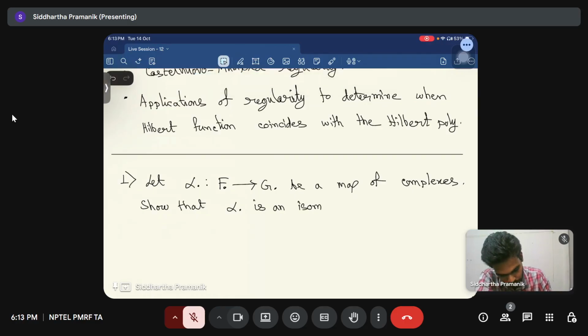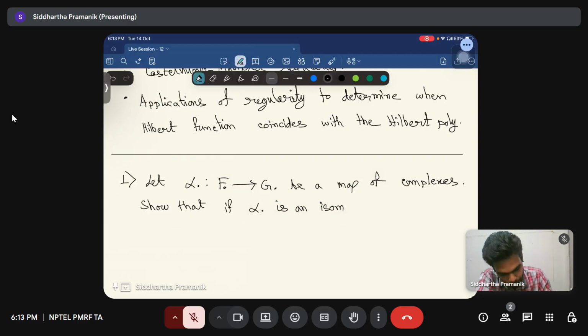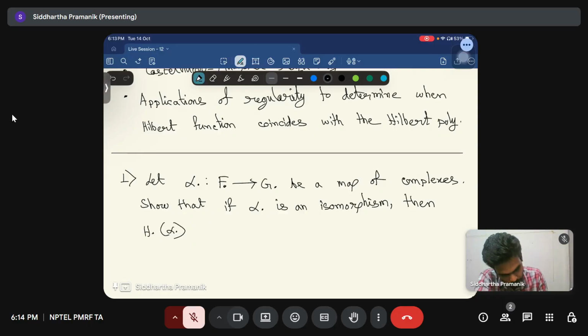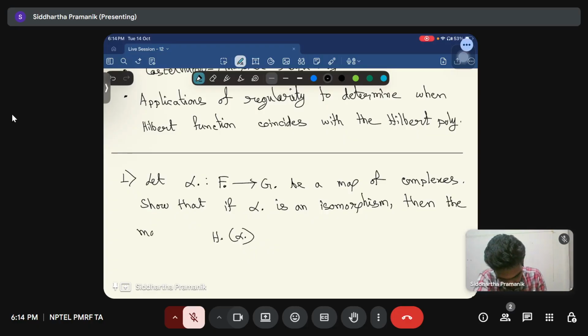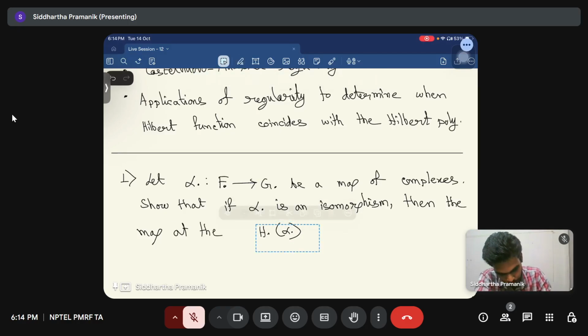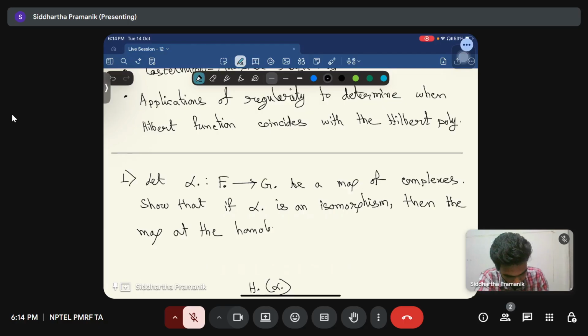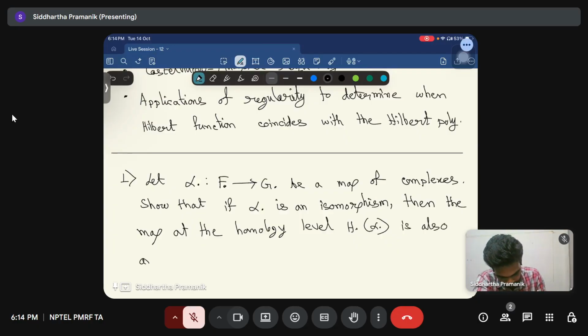Okay, so show that if alpha dot is an isomorphism, then the map induced at the homology level, the induced map at the homology level, denoted by this, is also an isomorphism.